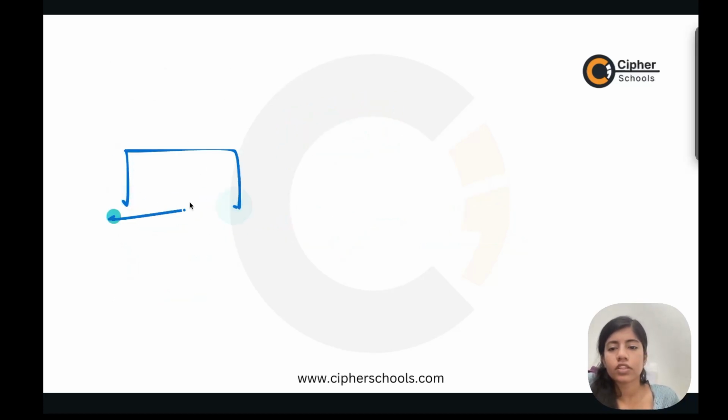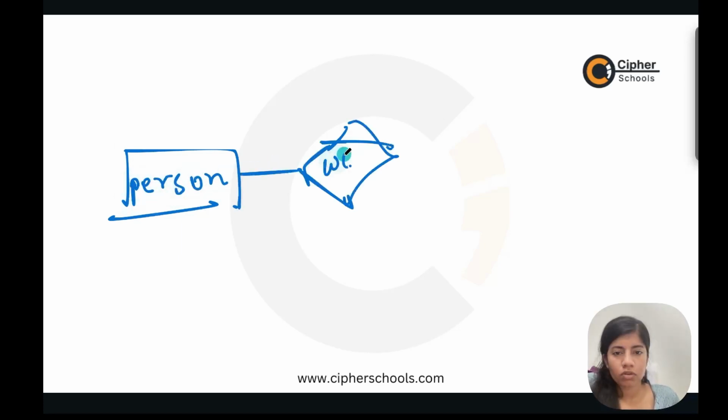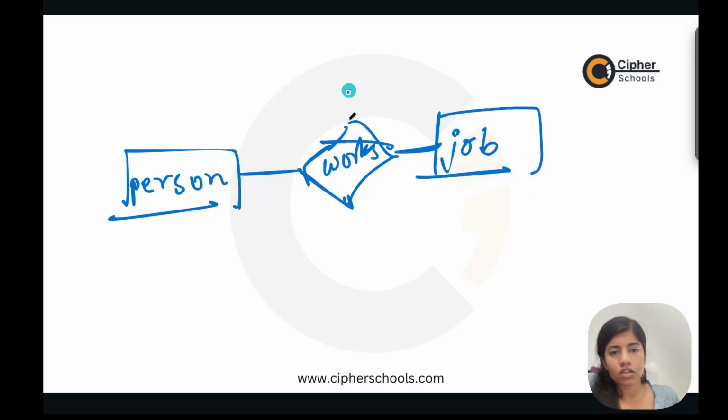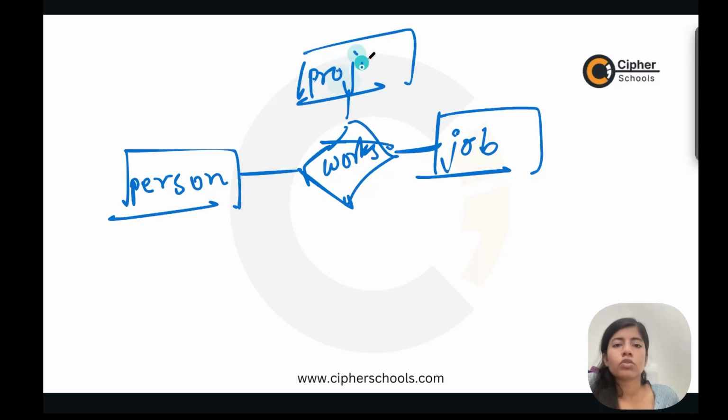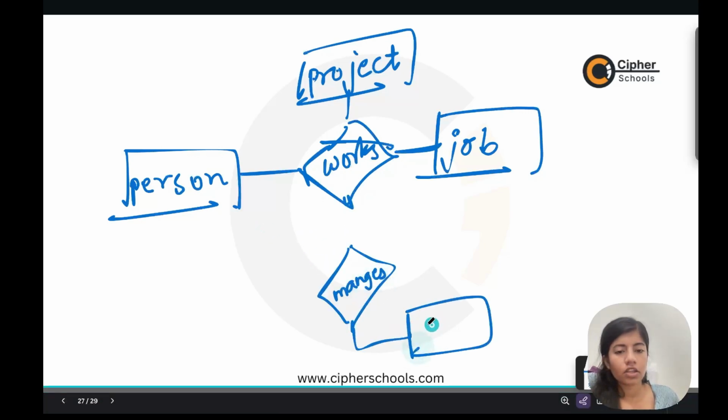If I consider the same example again, a person works on some job, like some company, and works on some project. To introduce a manager entity, I can write a relation called manages, and I can have manager.